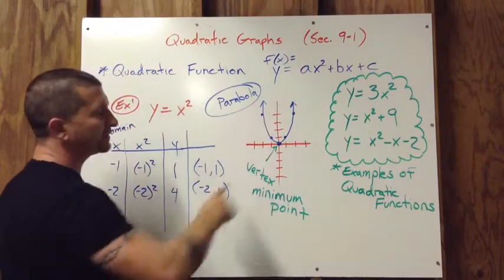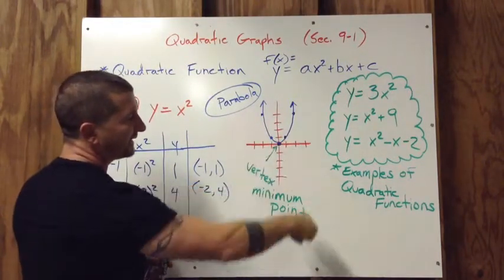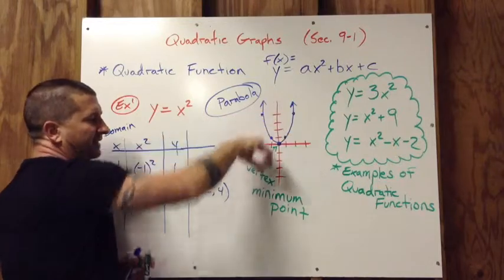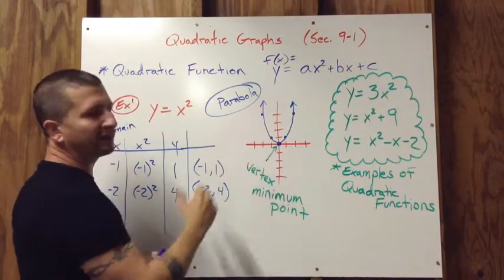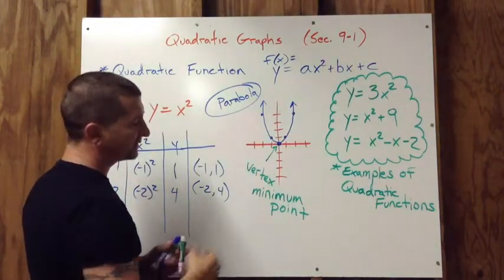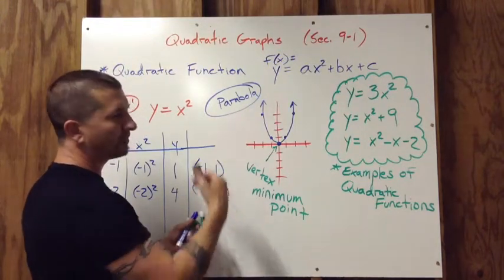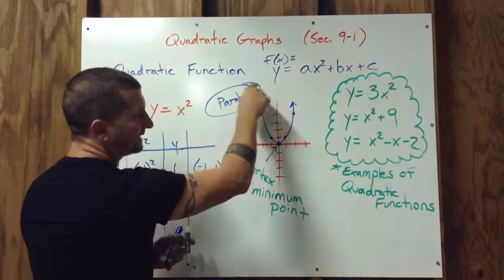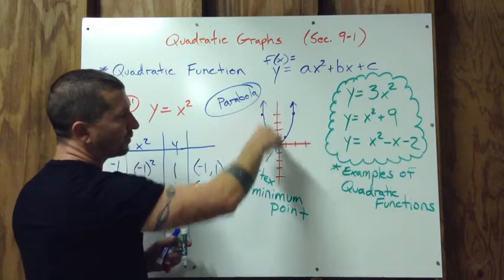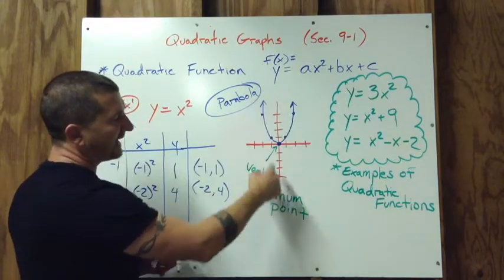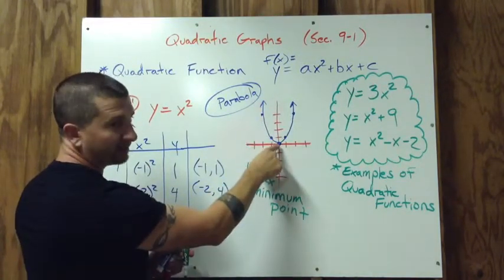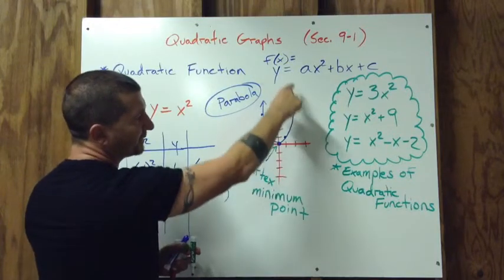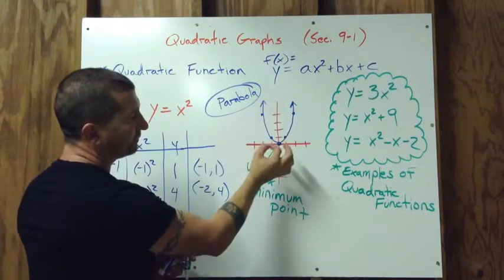If this parabola was to open downward and it looked like this, we would still have a vertex, but that would be called a maximum point. So we can have a minimum point or a maximum point, meaning that's as low as our y value goes. Notice on the y-axis, it never goes lower than 0. It goes down to 0 and goes back up. So that's called a minimum point.